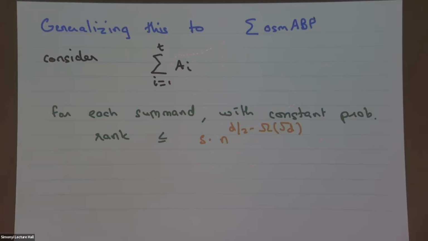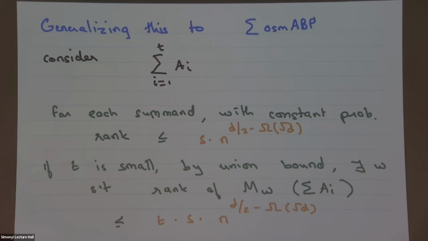So each summand with only constant probability has this rank deficit. If I want to say that every summand has rank deficit and I want to union bound, then this constant probability is not good enough. It will allow me to only handle T which is constant.